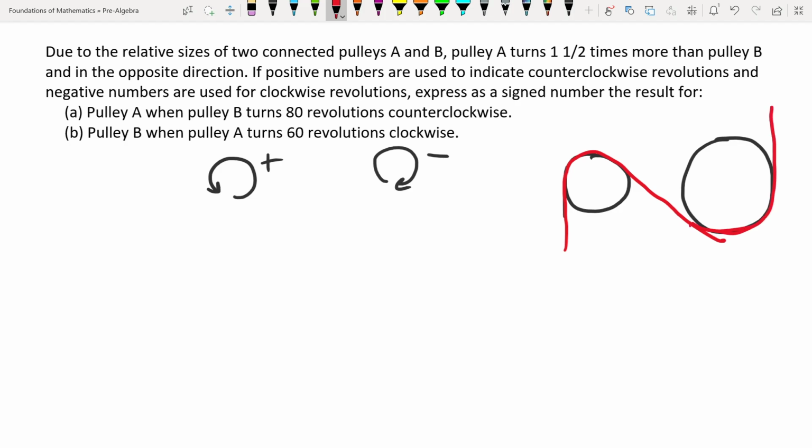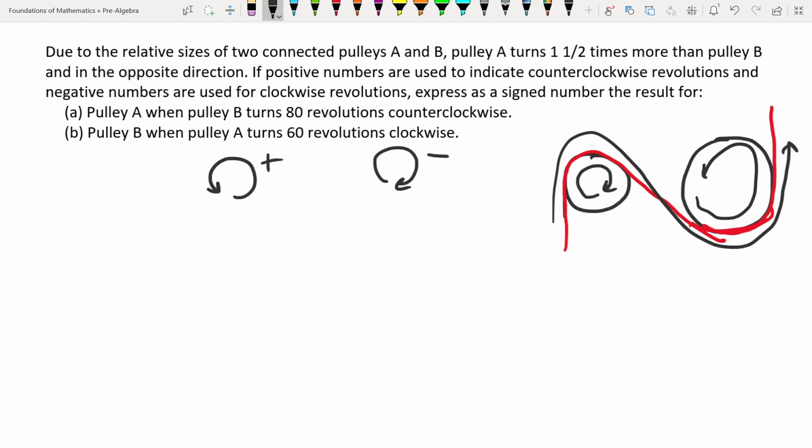That's what gives us the different rotations, right? If the rope is being pulled that way, then that means A is going to rotate this way. And you see that B is going to end up rotating the other way, and vice versa, right? If the rope is pulled the other way, then the two things flip their rotations.